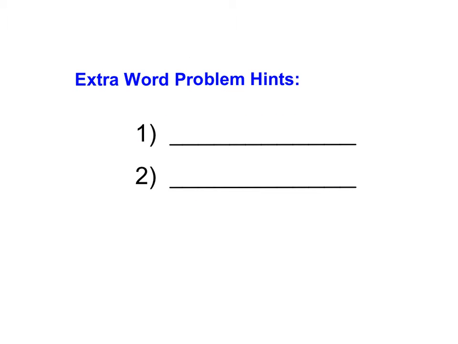Now here are 2 extra word problem hints before we begin. We'll have variables of x and y within these particular problems. 2 hints that I want you to be aware of and have written down in your notebook are that if time is in that problem, x will typically always be that time variable.